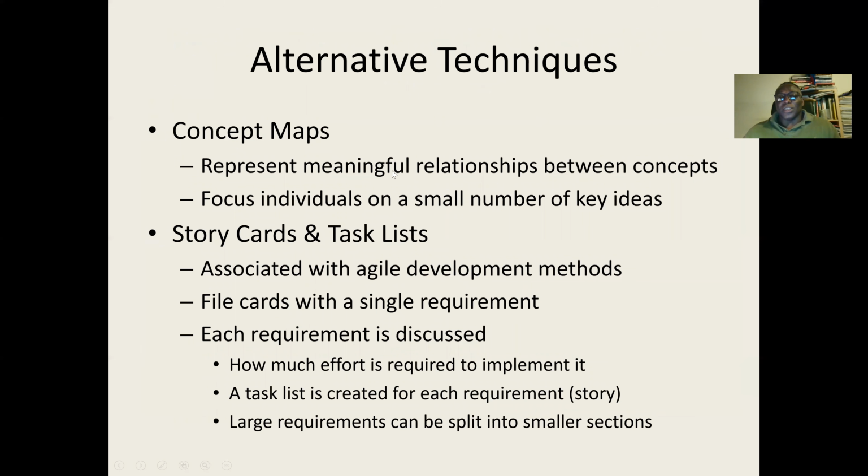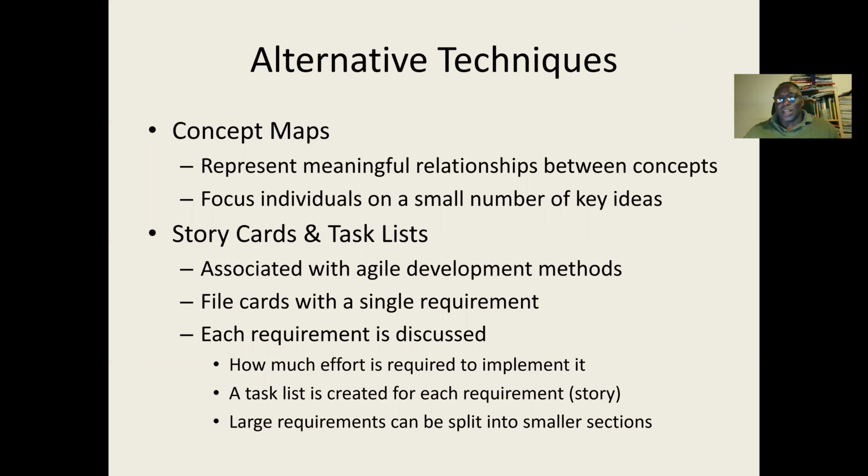There are also some alternative techniques. One example is concept maps. These represent meaningful relationships between concepts and focus individuals on a small number of key ideas. When developing a system, concept maps make it possible for us to identify some attributes or characteristics and present them with some output, so input with output together.